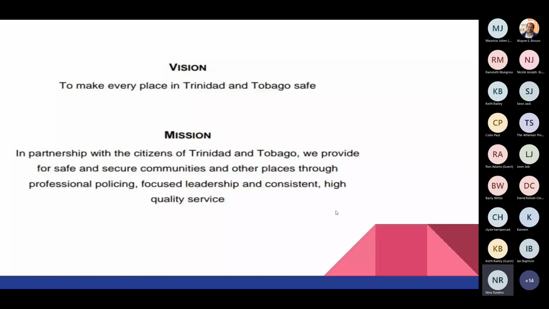When we look at the values, it would be the focused leadership, the high quality service, and the professionalism. And lastly, what distinguishes it from the others is the approach in policing. So this is definitely an example of a properly prepared mission statement.